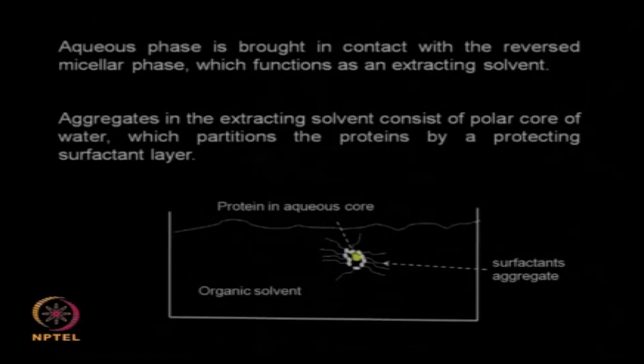You can have many surfactant aggregates like that present inside the organic solvent, and each surfactant aggregate will have the required protein. So all you need to do is remove the aggregate from the solvent and then make the surfactant leach out the desired protein. So this is how you recover proteins.